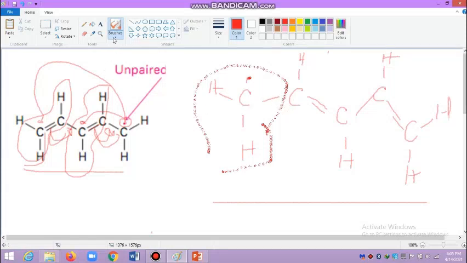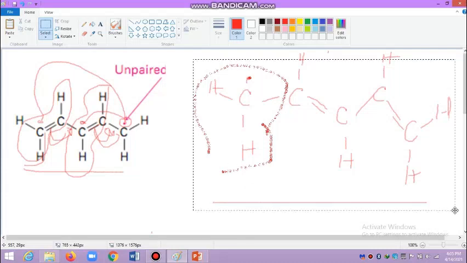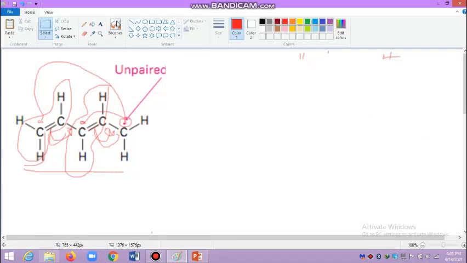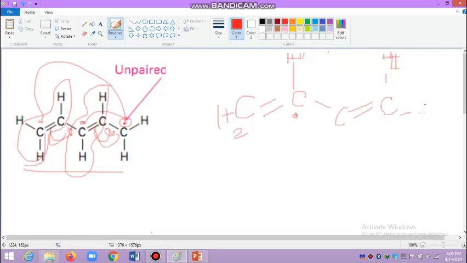So what if I will do this, then C, then I will put the radical here, then H, then C, then double bond C, H, okay? 2 and H, okay?